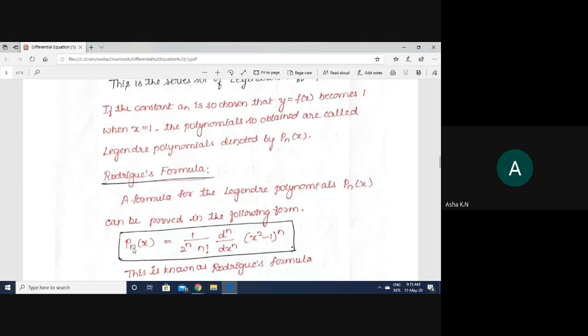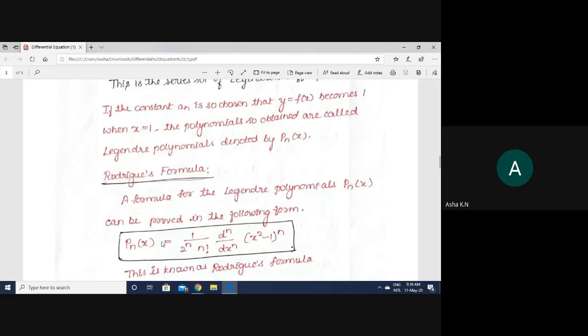Whenever we need those particular ones, we can substitute the value 0 or 1 or 2, etc., and find them. Instead of remembering P naught, P1, P2 separately, if you can remember this formula, then by substituting the n value, you can find all those different polynomials of degree 0, 1, 2, 3, etc.